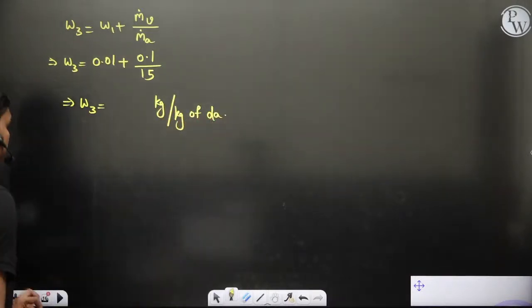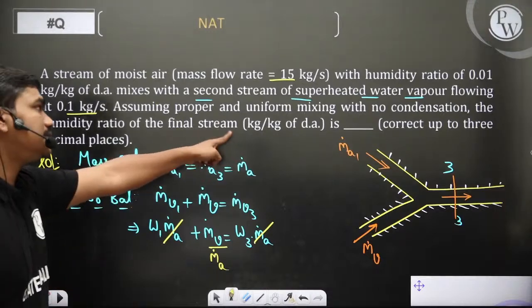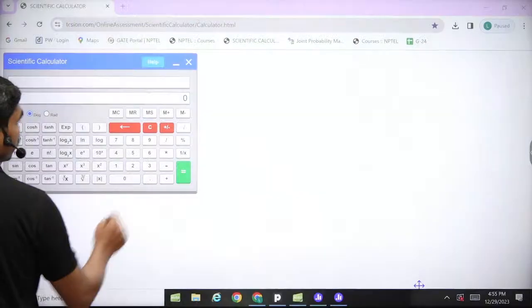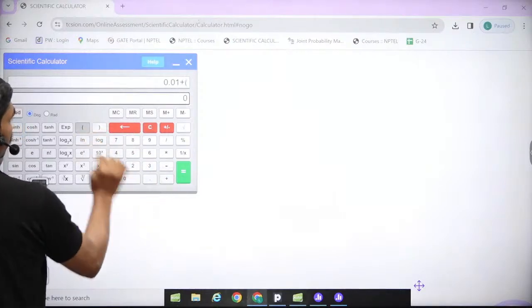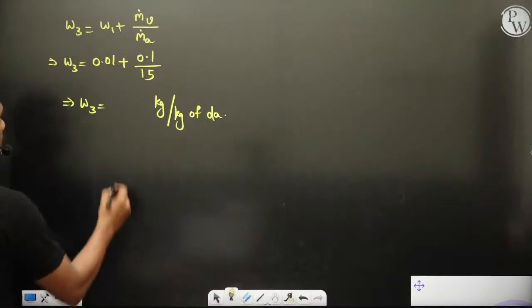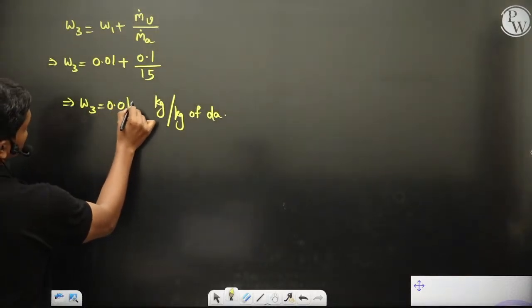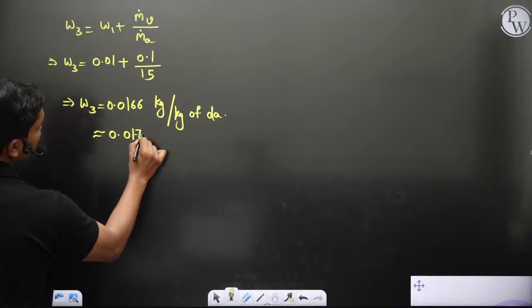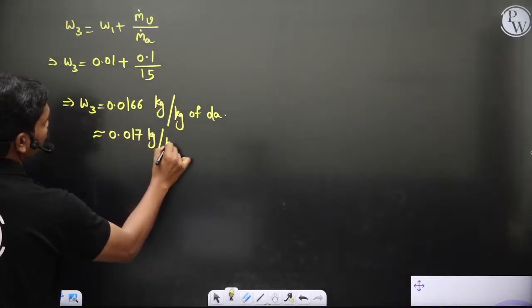What are the units they're asking? Kg per kg. Correct up to 3 decimal places. Fine. So 0.01 plus 0.1 by 15 is what you have. Okay, so 0.0166, so this is equal to 0.017 kg per kg of dry air.